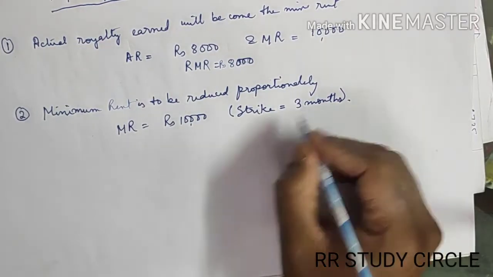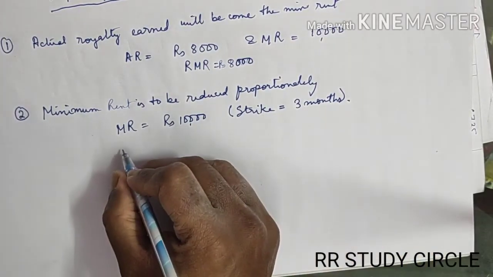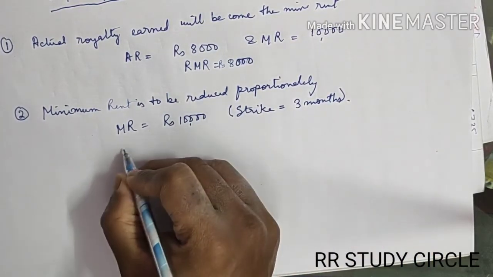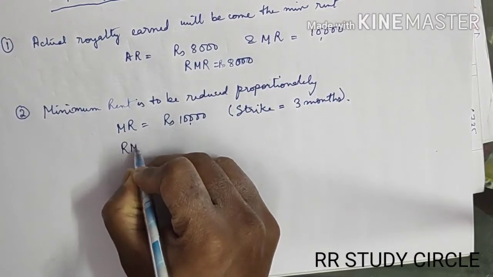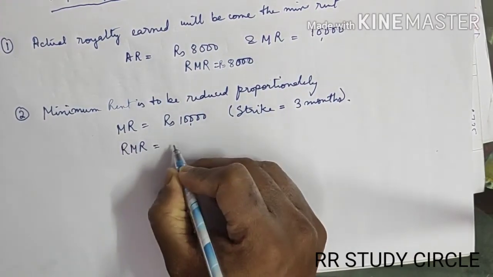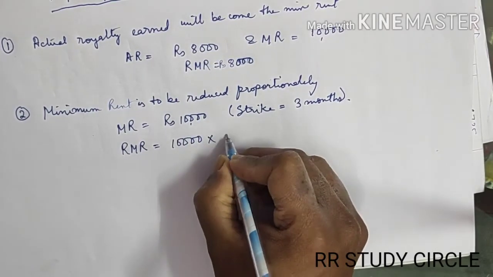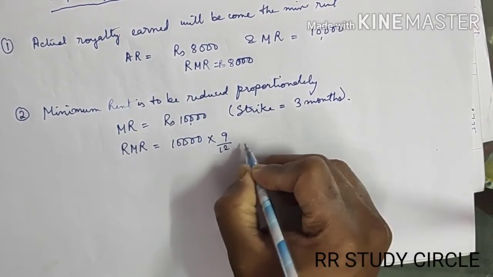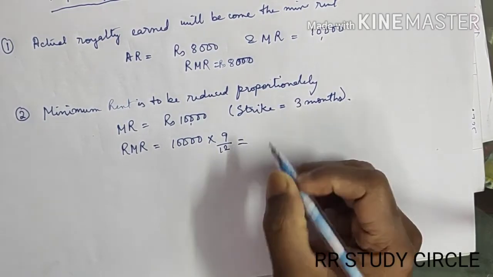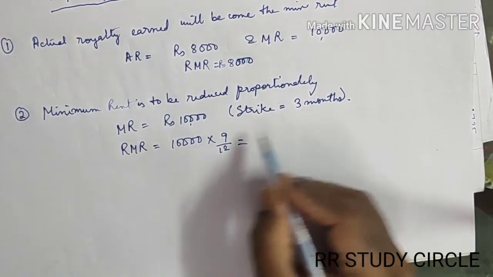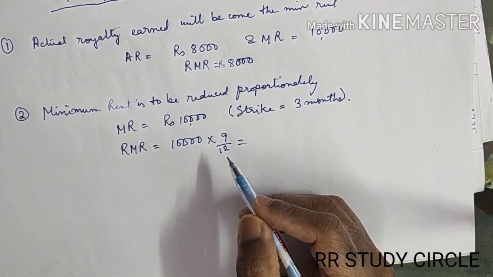So we'll have to reduce the minimum rent proportionately. The reduced minimum rent, RMR, is 10,000 into 9 by 12. Why 9 by 12? Because the work has taken place for 9 months.